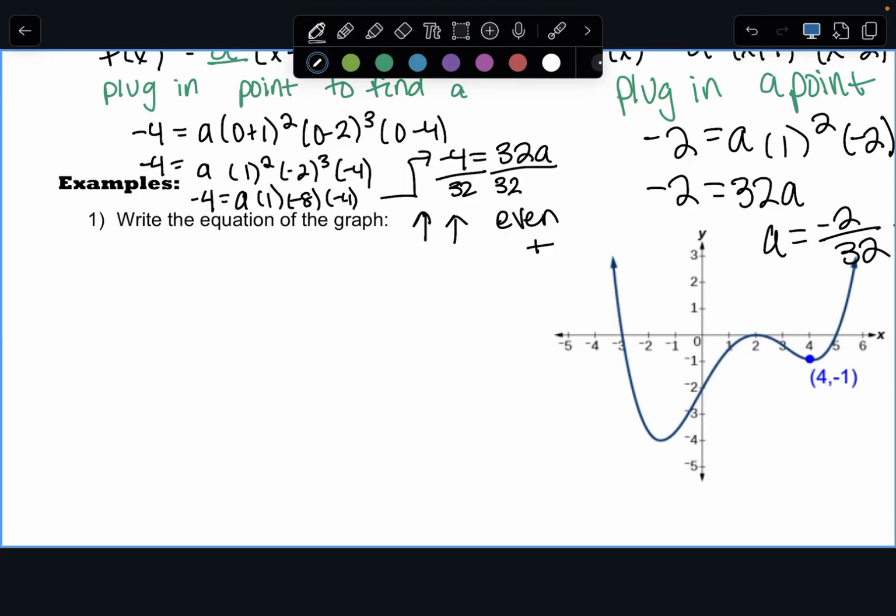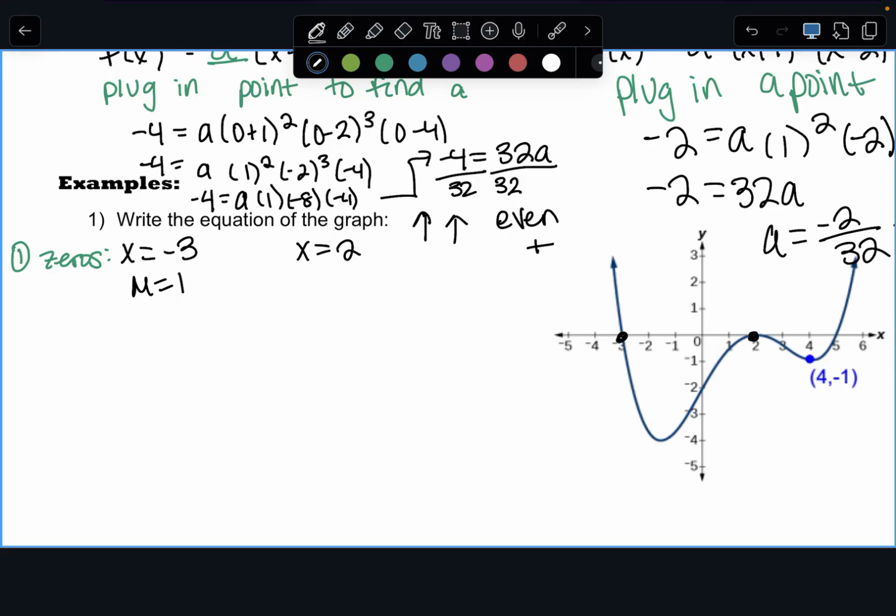So the real step 1 is to find our zeros. We have x equals -3. What's the multiplicity of that 0 if my graph just goes straight through? 1. Okay. My next 0 is at 2. Again, I'm just looking to where my graph crosses the x-axis.